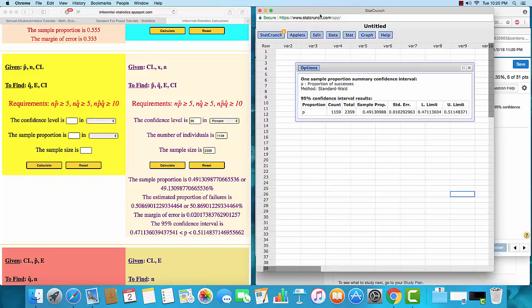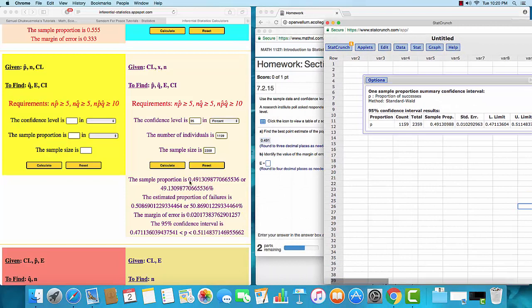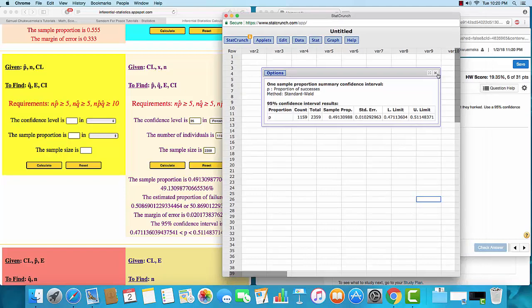You see that? So I'm just going to use my calculator. As you can see, the sample proportion is 0.491. There's the sample proportion, but the margin of error, Statcrunch didn't give it. But Statcrunch also gave you the 95% confidence interval.